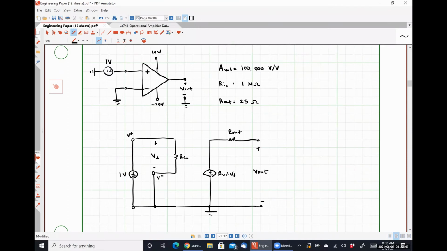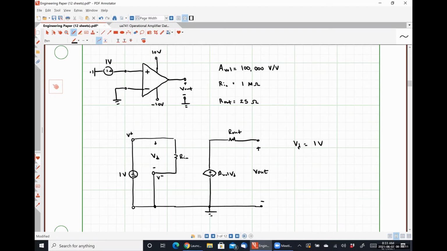Okay, so let's write that down. VD is 1 volt. Absolutely correct, because it's the difference in potential between the non-inverting input terminal and the inverting input terminal, excuse me. So we know what VD is.